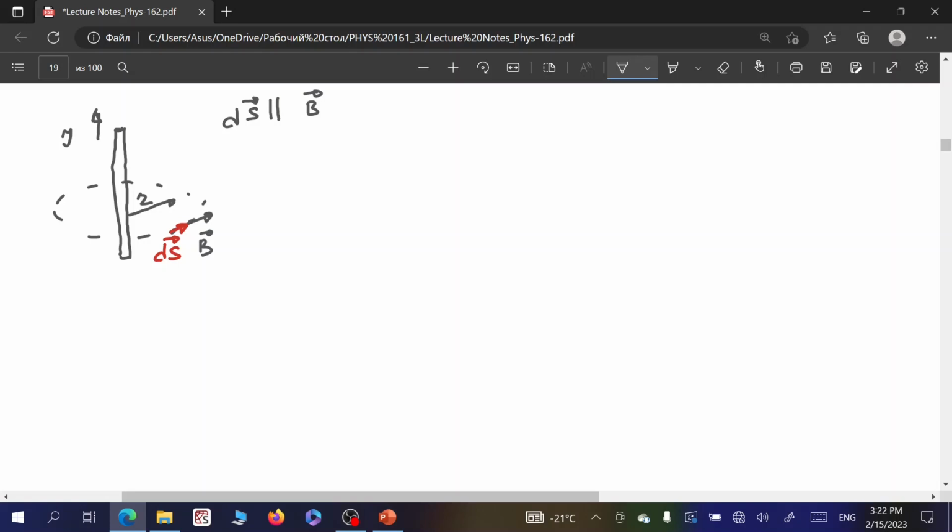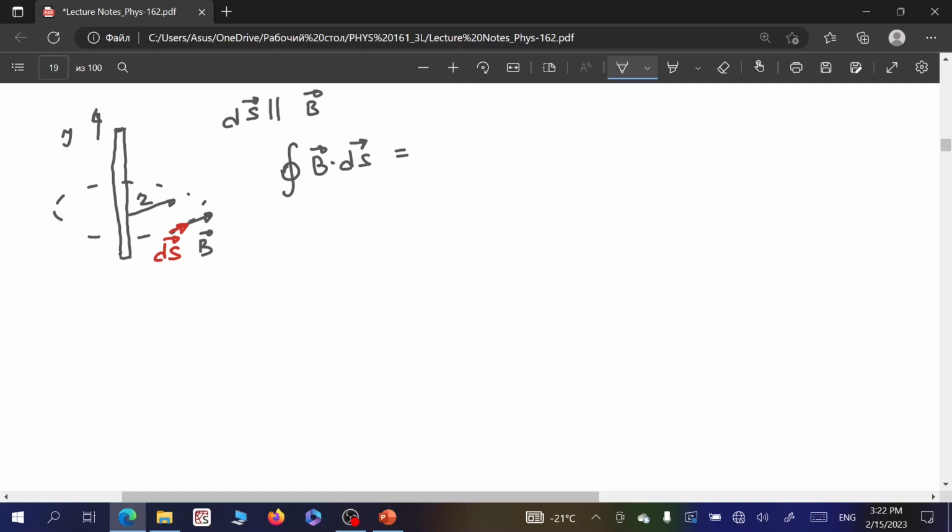Now let us consider the integral over a closed loop of the dot product of B vector and ds vector. Since they are parallel to each other, and the dot product goes with cosine alpha, cosine 0 will give us unity.